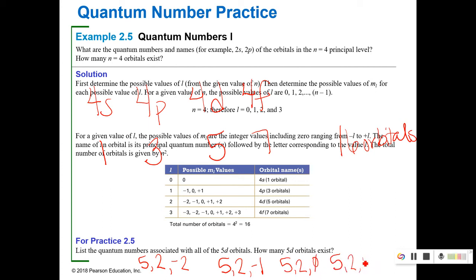I could have 5, 2, +1. Or I could have 5, 2, +2. Because in my 5D, I've got 1, 2, 3, 4, 5. So it goes -2, -1, 0, +1, +2. Okay, and then how many 5D orbitals exist? There are 5 of them.